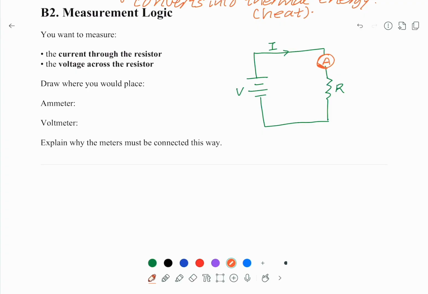So the ammeter, or the current meter, is connected in series.